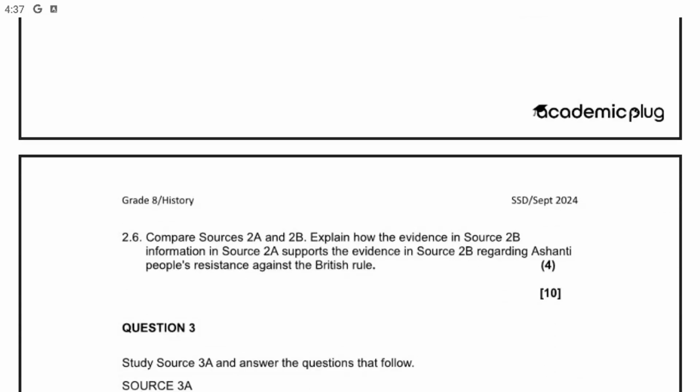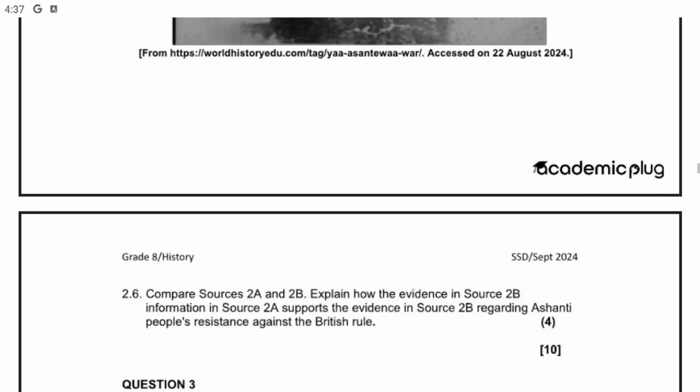Explain how the evidence in source 2B, which is this one, supports the information in source 2A, which is the first source that we read through, regarding the Ashanti people's resistance against the British rule.